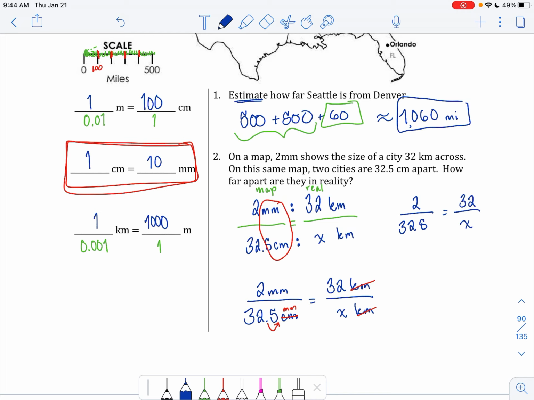Now, when I cross multiply, I end up with 2x is equal to 32 times 325. I don't necessarily want to multiply that by hand without a calculator, so I'm going to divide by 2 right away, which at least simplifies this down to 16. Now, I could use a calculator here, or I could be sneaky. I know that 16 times 325 is going to have a factor of 4 for 16 and 25 for 325.